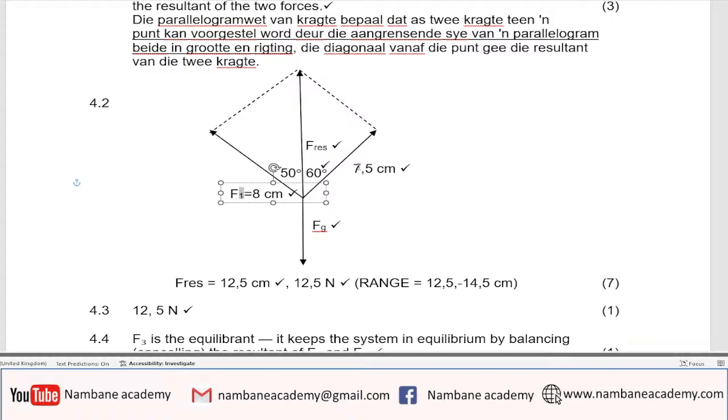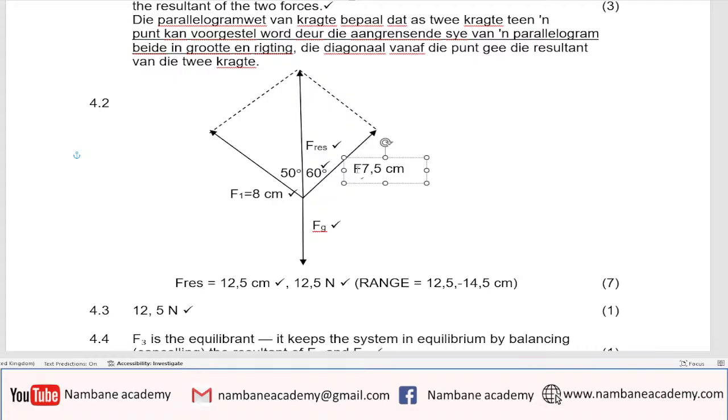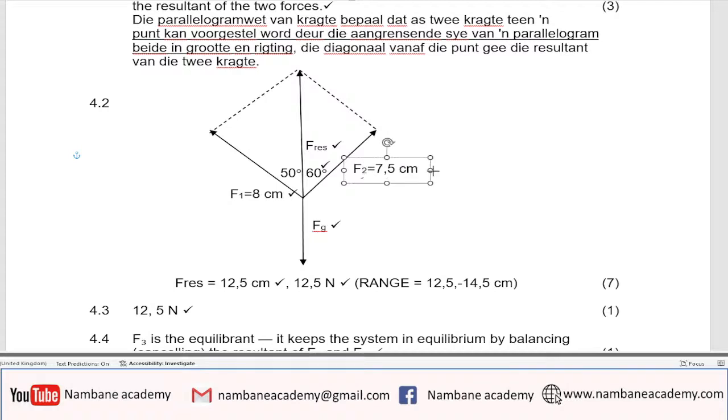Yes, sir. And then F2 must be, because you might find learners that will just construct it, but they won't label which one, and then they can draw it the other way around. Sometimes you get learners like that. So I think it will also be fair enough to know that 8 newtons, which is F1, must be constructed at 8 centimeters.